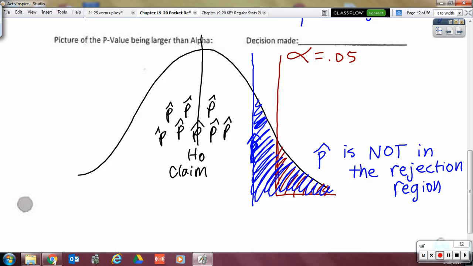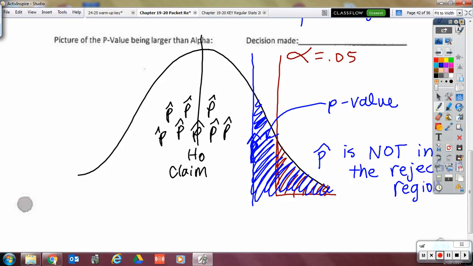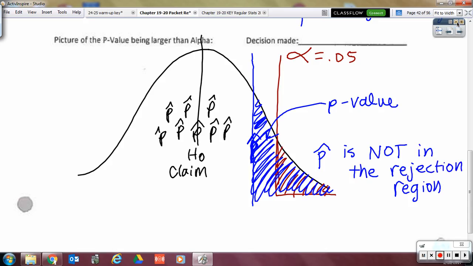Now I want you to compare. This blue shaded area is our p-value. How does the p-value shading compare to the red, the alpha shading? It is greater than. So our p-value shading is bigger than our alpha shading.